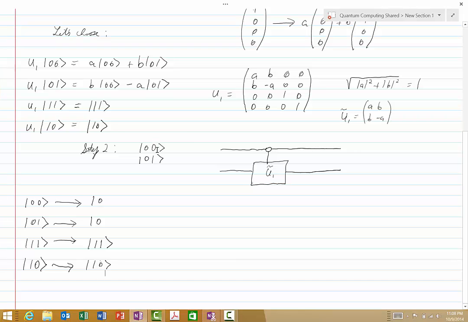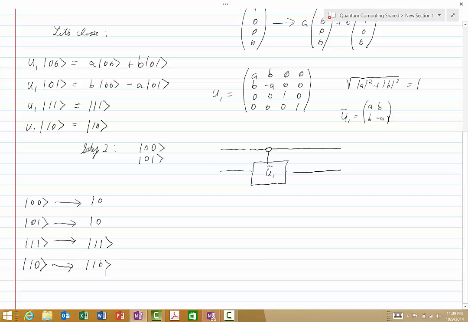So we'll have the standard basis here. This will correspond to what's happening to the 0 state, and that will correspond to what's happening to the 1 state. So in other words, 0 goes to A0 plus B1, and 1 goes to B0 minus A1.